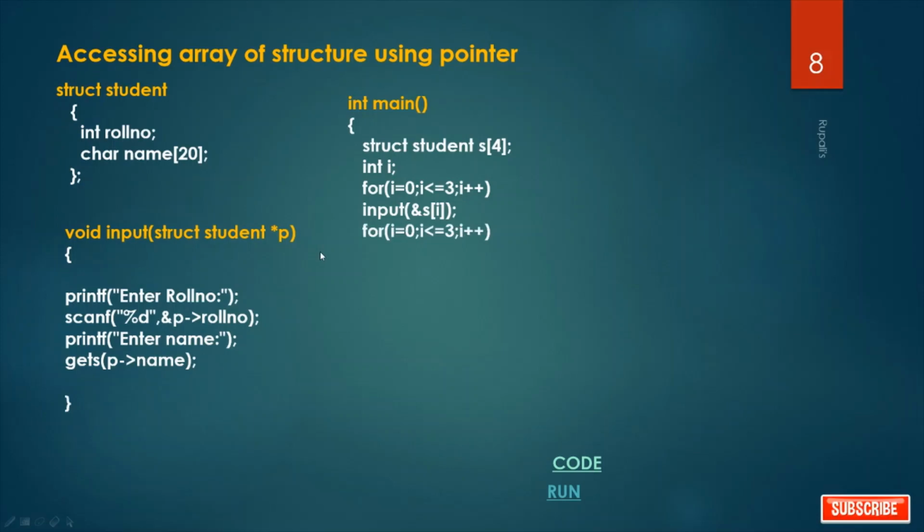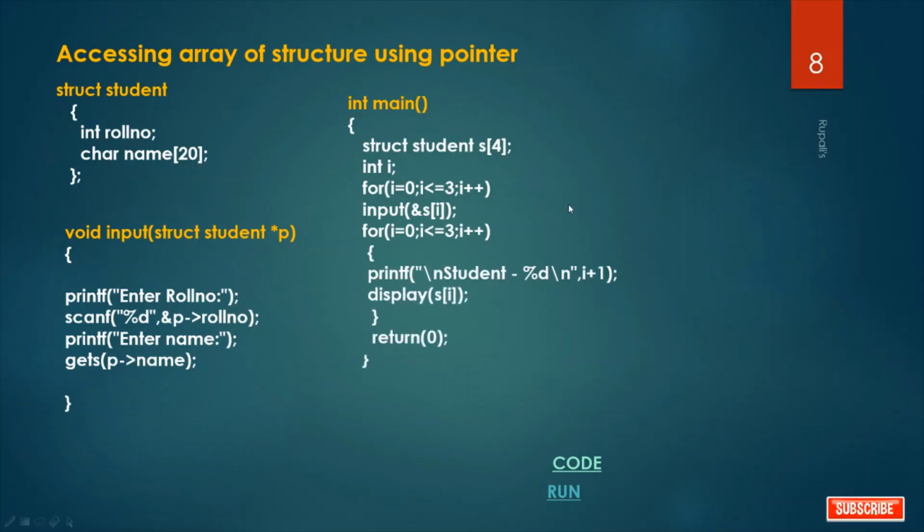Now for printing, again you have to execute another for loop because it is an array of structure. So here call a function display, and this is our display, you can directly display the values.